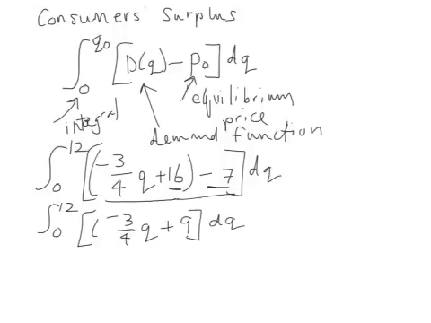Okay, and that's going to be negative 3/4, so we knew we had a q squared plus 9q, but here we had negative 3/4 was arrived at by multiplying something by 2, so now we're going to divide negative 3/4 by 2, and that gives us negative 3/8. And so this is the function that we're going to be evaluating from 12 to 0. Okay, so let's do that on the next page.